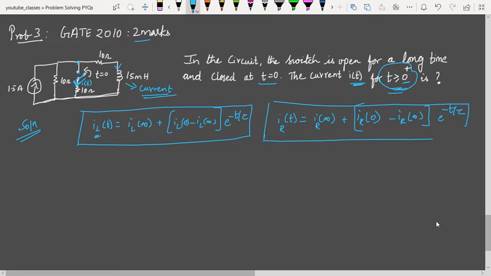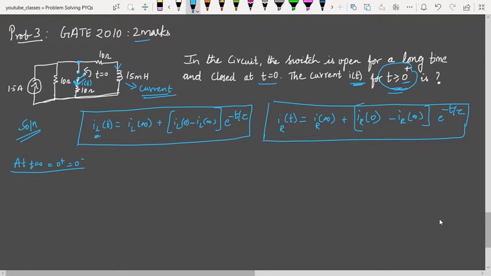The resistor doesn't have any transient behavior. It responds immediately. Once the voltage changes, it responds. Once the current changes, it responds. It's not like an inductor or capacitor that refuses to change. With that concept we can proceed to find at t equal to 0 plus, as opposed to 0 minus.